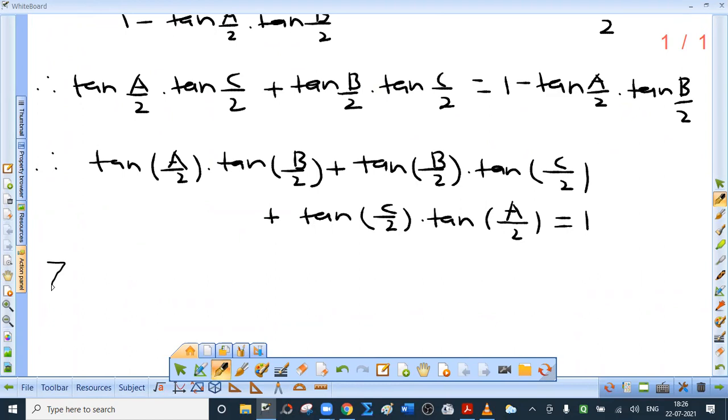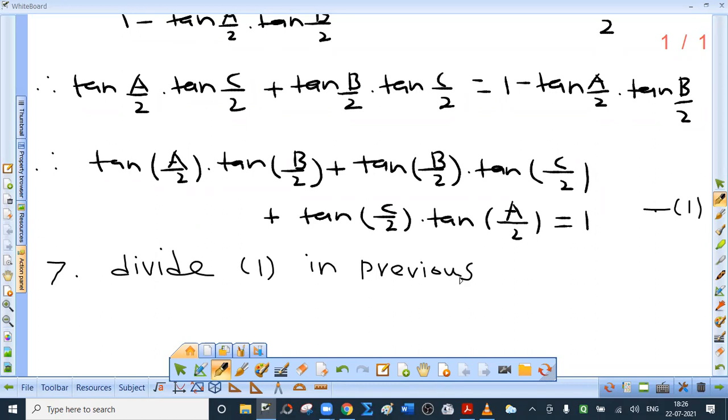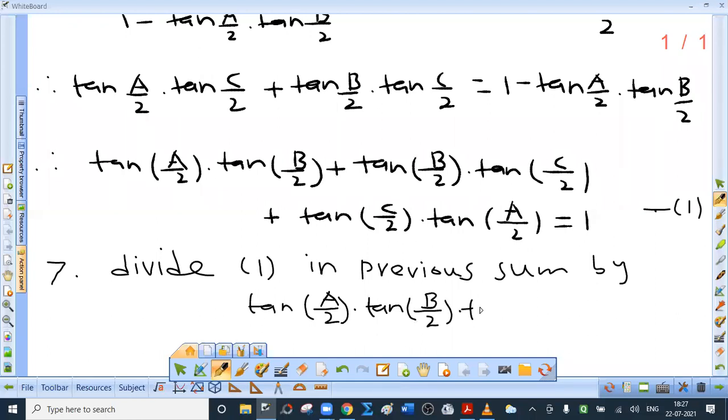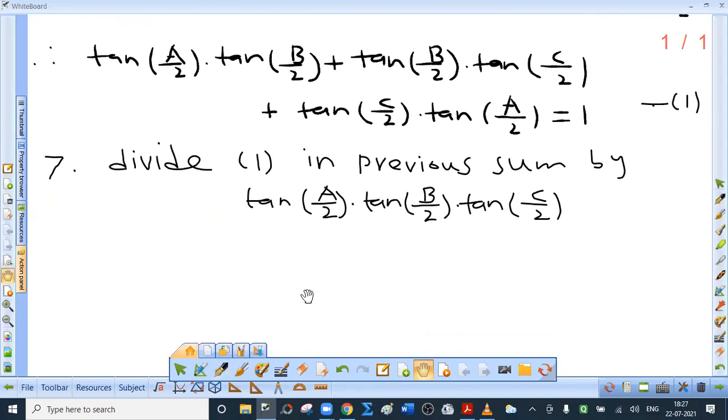Now seventh. Okay, let me read the sum first.